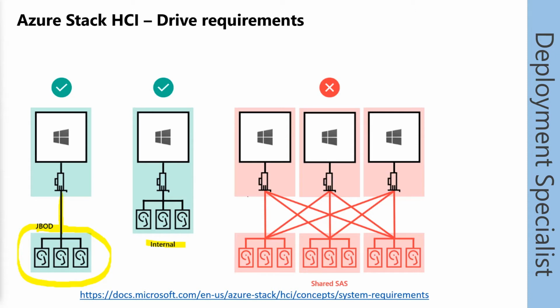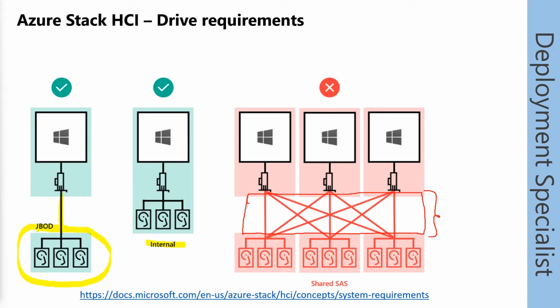Why do we show this to you? When you think about Windows Server 2012 and Windows Server 2012 R2, then this configuration was supported as a scale-out file server cluster with external JBODs. In this scenario in Windows Server 2012 and 2012 R2, each JBOD had to be cabled to each server.